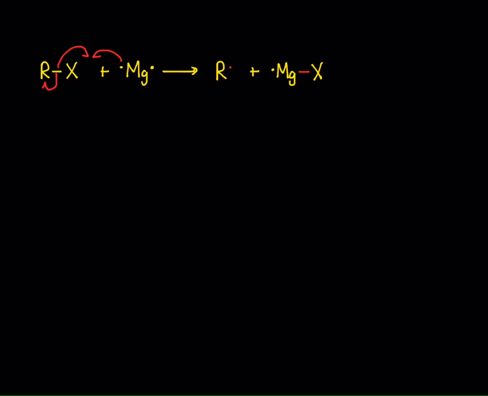This carbon has an unpaired electron on it, plus now I formed a magnesium-halogen bond, although it's a very polar bond, and magnesium still has one electron. So we have formed a radical plus this MgX with its lone electron. And of course, we can combine that lone electron on the radical with the electron from magnesium, and we form our RMgX. This is what is referred to as a Grignard reagent.